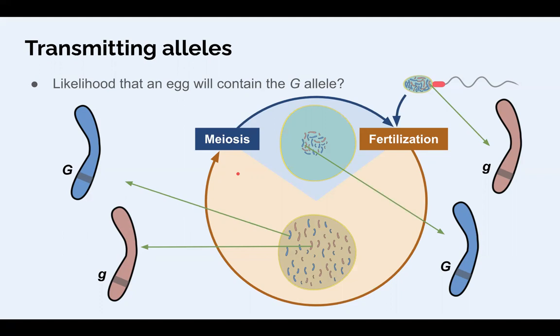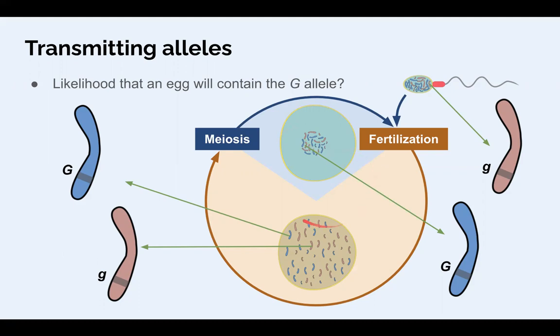So only one of those chromosomes makes it into the egg cell, and it's random, as we'll see. And in this diagram, I've shown you that the big G version makes it into that egg cell. So the chance of putting a big G into the egg cell is 1 out of 2 possible outcomes. So it could have been big G or little g, and the possibility of big G specifically is 1/2, 1 out of 2.